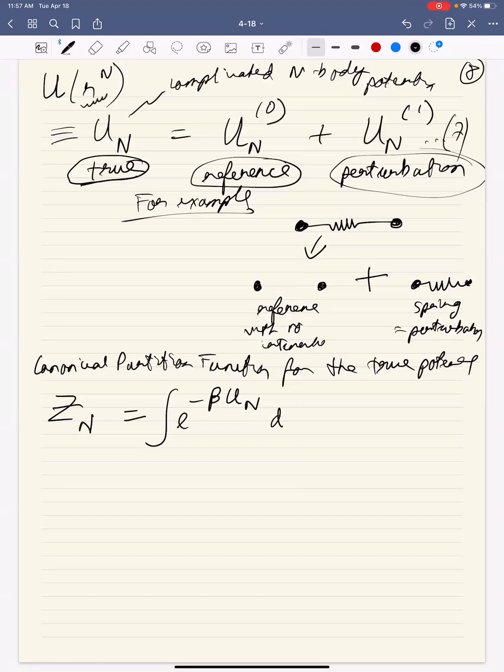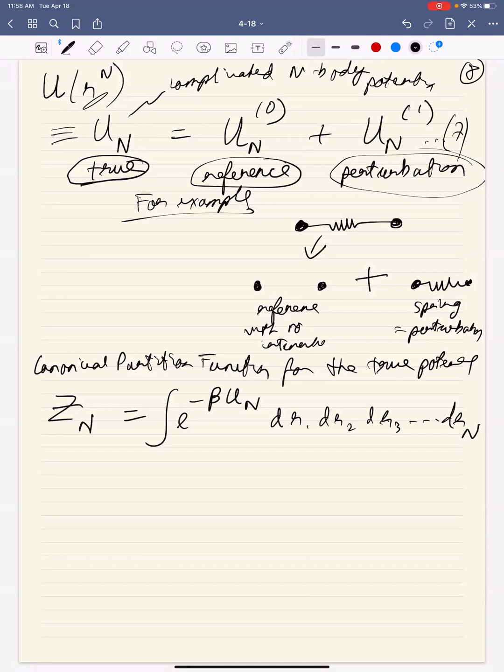Are you referring to this Rn? Yeah, then it's correct. So, but what is that Rn? That Rn is dr1, dr2, dr3. So when I write R superscript n, remember that is actually a shortcut for the complicated vector, right? Of R1, R2, R3, right? So this is the true canonical partition function for the true potential, e to the power minus beta UN, multiplied by all the particles.